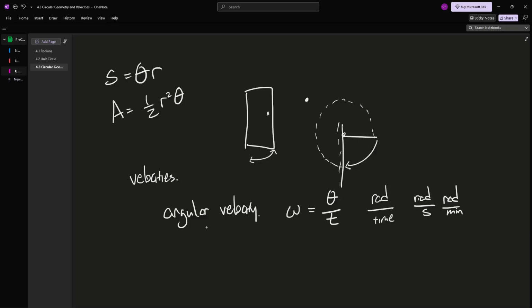The other velocity that we have is linear velocity. But the distance that we're traveling is not a straight distance, like a car would move in a straight distance, like from here to here. It traveled 2 miles forward. It still might curve a bit, but you could still track it in a pretty easy fashion.